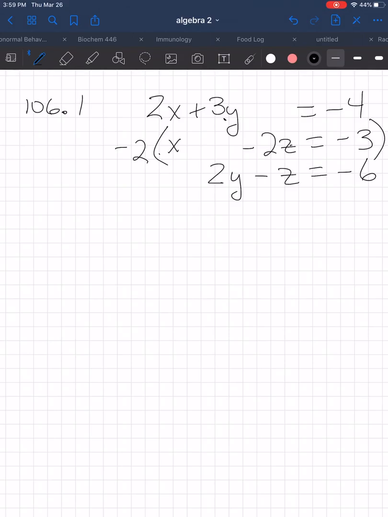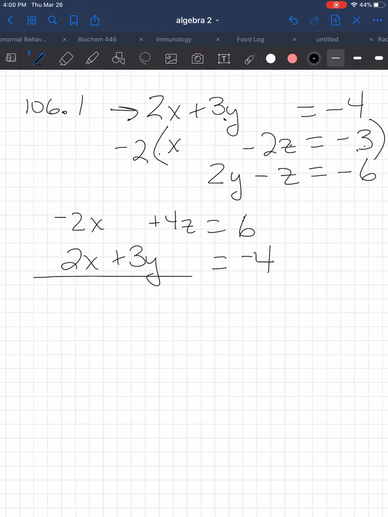So help me out here. That would give us negative 2x, and this will become positive 4z equals negative 2 times negative 3, which is positive 6. Now if I just copy this one right underneath it, 2x plus 3y equals negative 4.